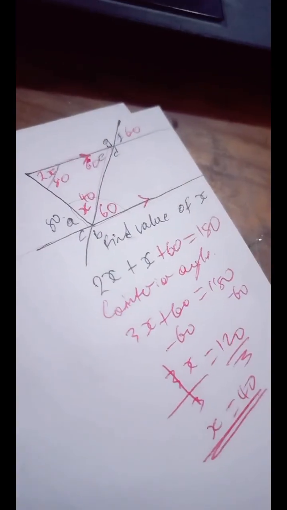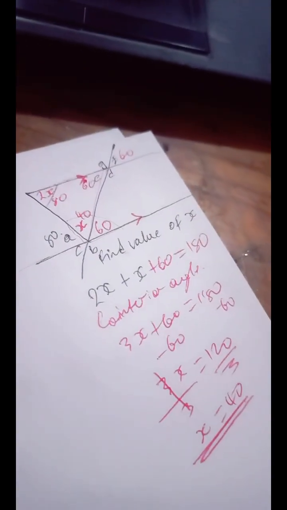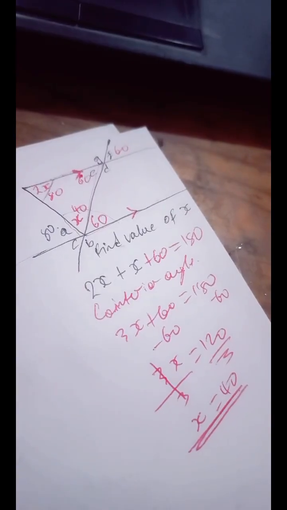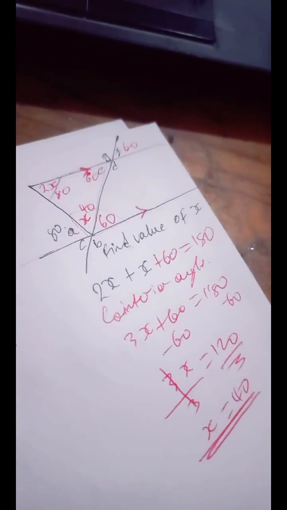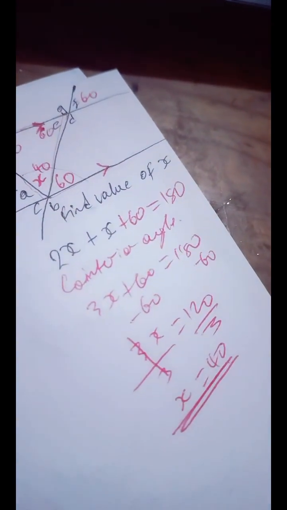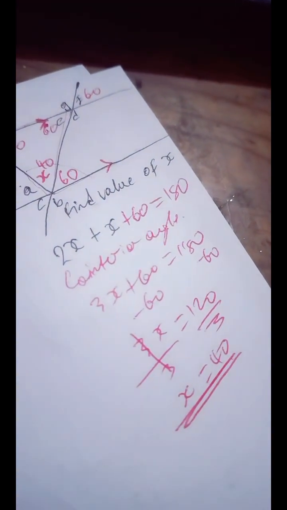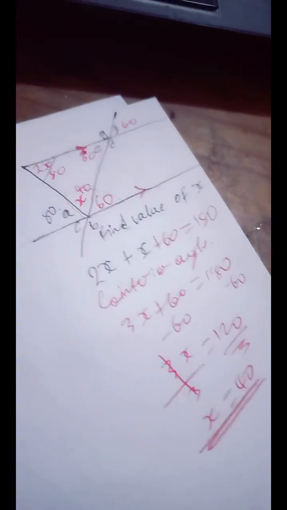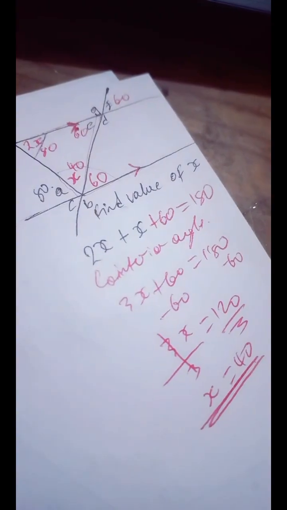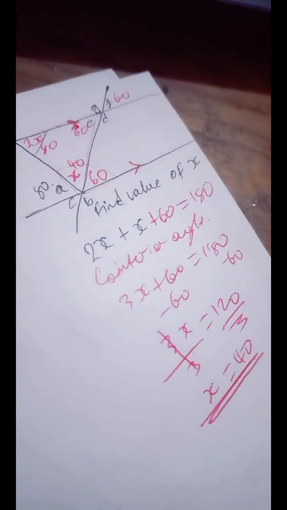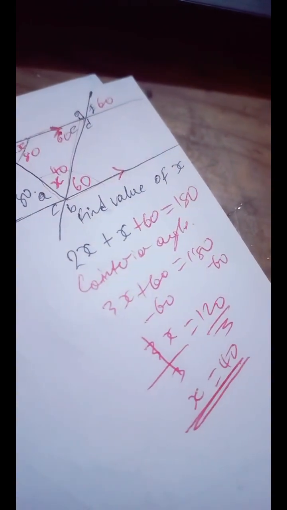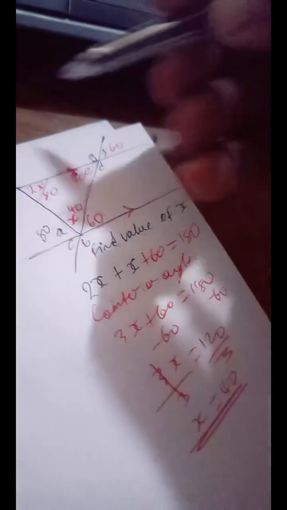Sister Abigail, what is the reason? Angles on a straight line. Thank you. So G is equal to 120.